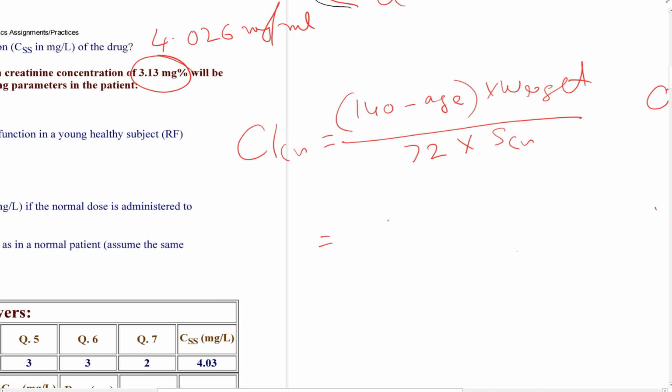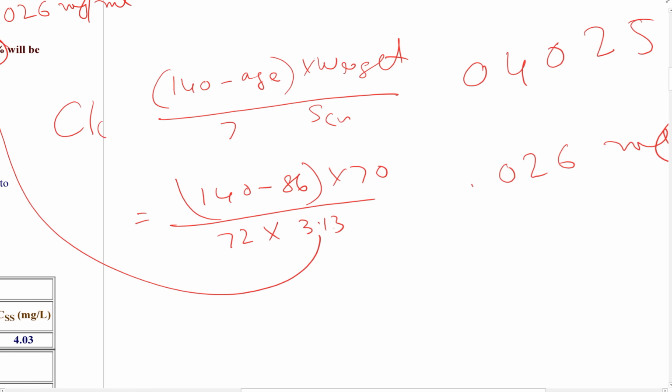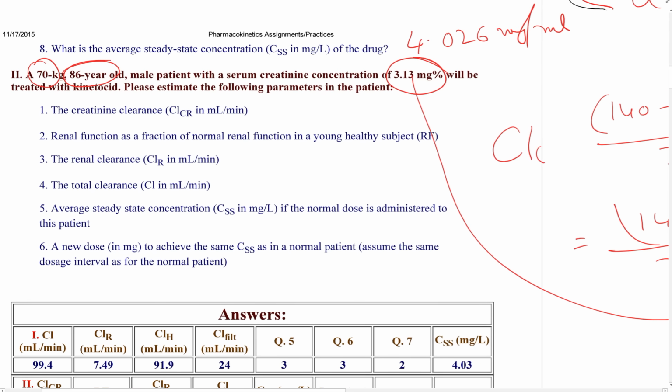So this is easy: 140 minus 86 years old, times 70, divided by 72 times 3.13. This will give you an answer of 16.77 milliliter per minute.